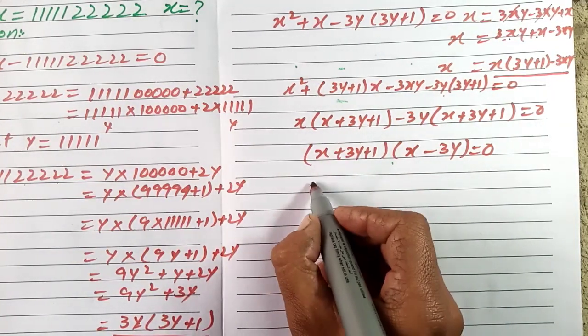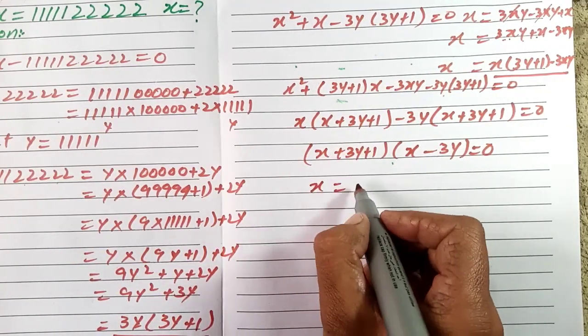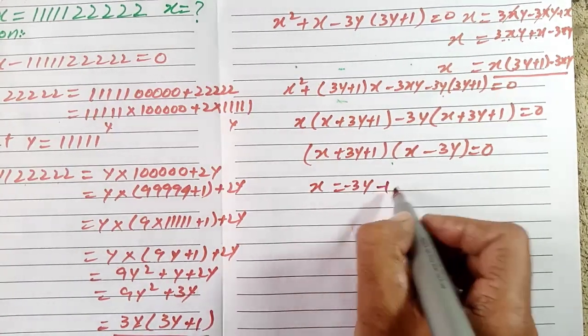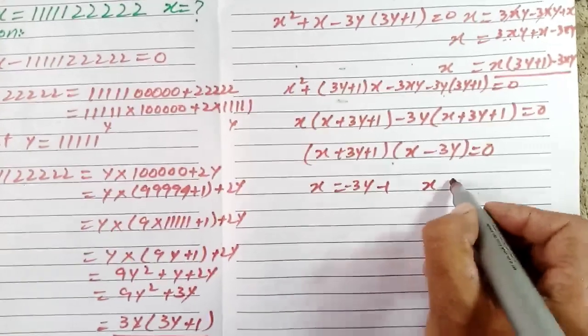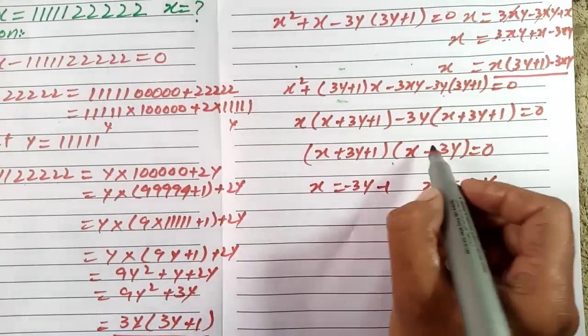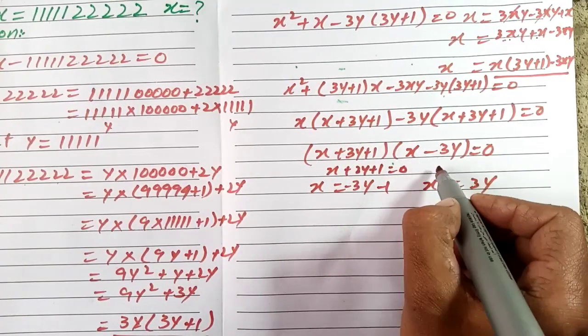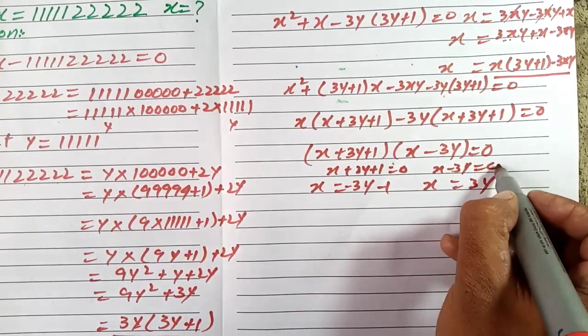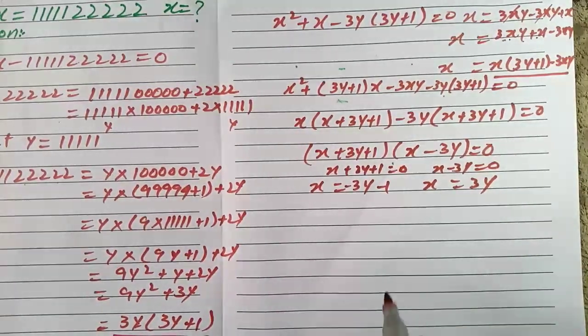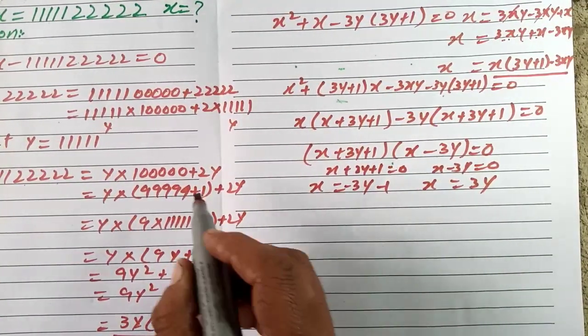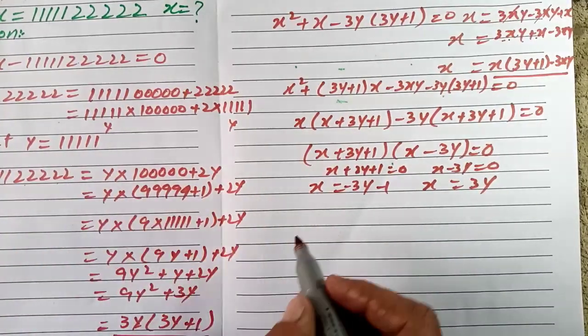So here we have x, which is equivalent to minus 3y minus 1, and in this side we have left x, which is equal to 3y. Why? Because these two will be equivalent to 0: 3y plus 1 is equal to 0, and x minus 3y is equal to 0. So here we can put the value of y in this equation.